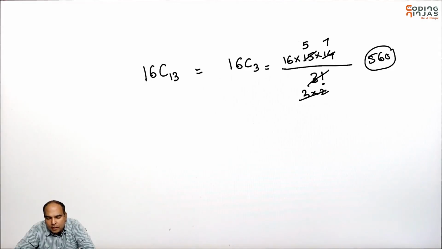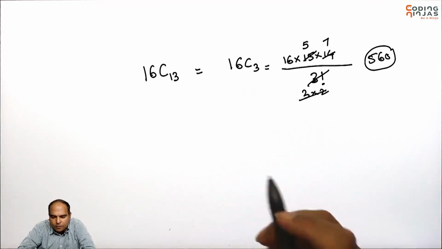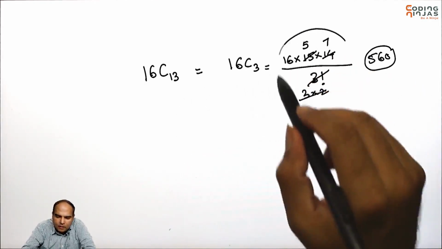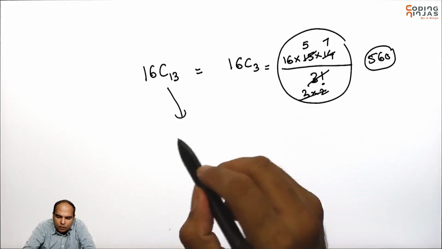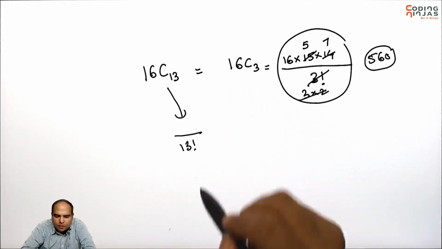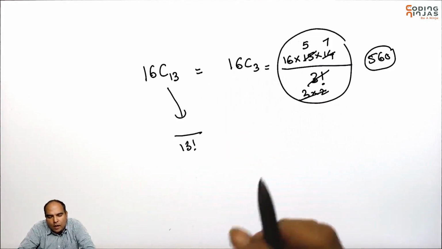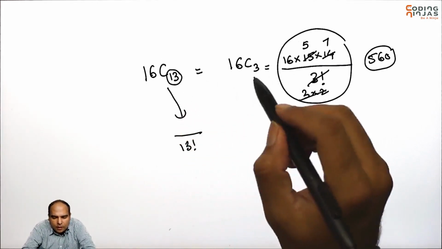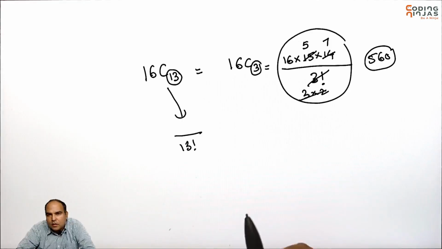So 16C13 is 16C3, which is 560, and obviously doing the same writing with 13 factorial in the denominator would be very cumbersome. So whenever you have a large R and a smaller n minus R, use the n minus R first. The values are anyway going to be the same.